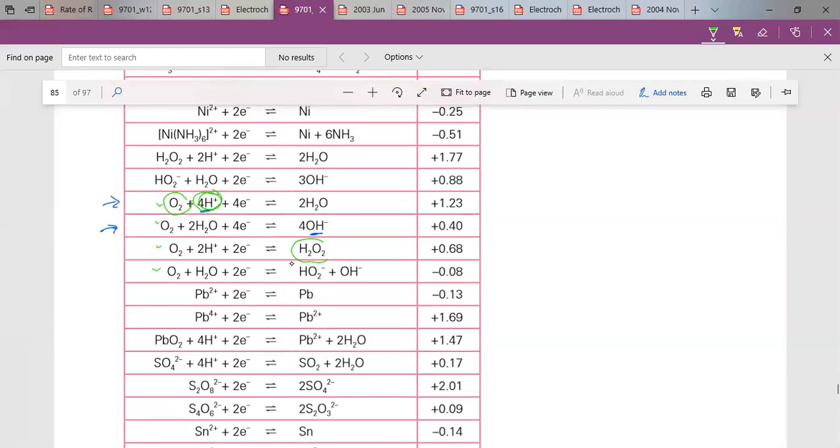I cannot choose this one here, I don't know what kind of substance it is. So these are the two here: oxygen in acid solution and oxygen in alkaline solution. This one, remember, you very famously used in Form 4, in electrolysis, 4 OH minus. Never mind. Now this is the one we use, for acid.